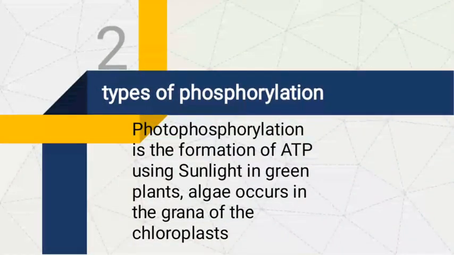You have so many types of phosphorylation. We have said that phosphorylation is when a phosphate group is added to what? To ADP to form ATP. One of which is photophosphorylation. Photophosphorylation is the formation of ATP using sunlight energy, and this occurs in green plants and some photosynthetic algae, normally in the grana of the chloroplast, where the light dependent reactions take place.